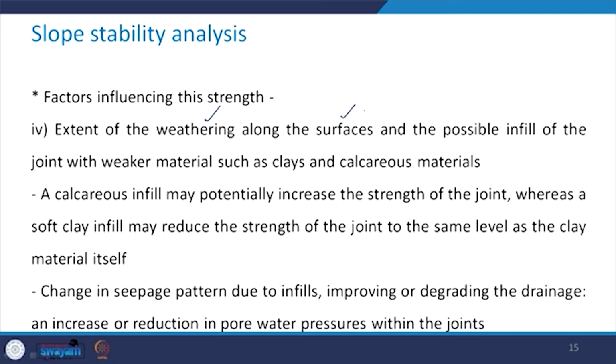joint. Change in the seepage pattern due to the infills may improve or degrade the drainage. If the drainage characteristics are improved, then one would observe an increase in the pore water pressure within the joints, and in case of degradation of the drainage characteristic, there is going to be a reduction in the pore water pressure within the joints, and accordingly the strength characteristic of the joints shall be altered.